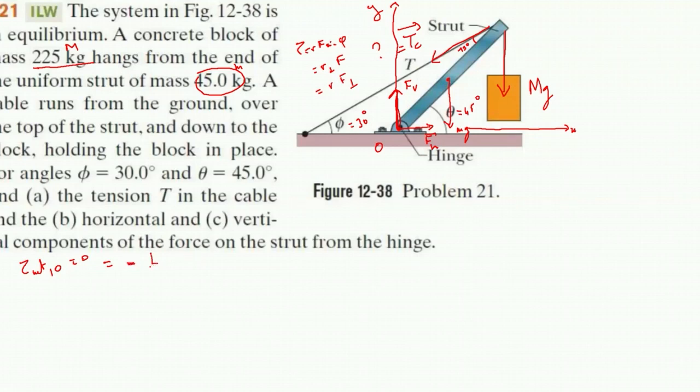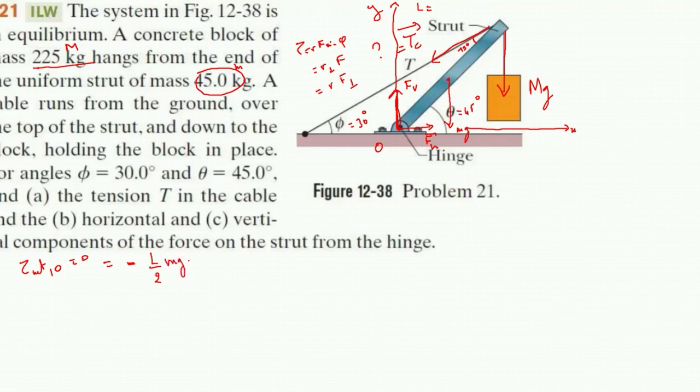R will be L divided by 2. Again, L is not given; L is the length of my beam. You will see that it will be a common factor and the length of the beam will go away. Now, R is L divided by 2. The magnitude of the force is mg.